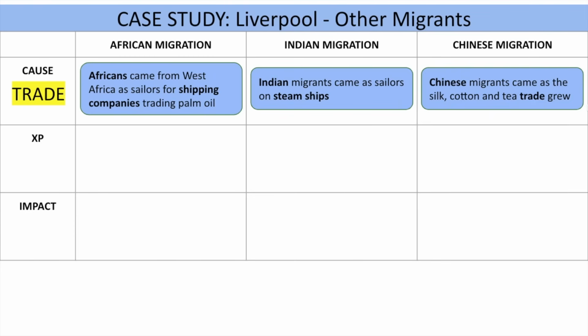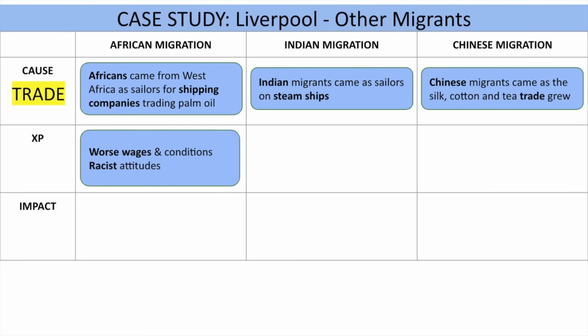In terms of experience, it's pretty similar to the Irish migration in that we do see quite a negative experience for most of them. In terms of African migration, they experience much worse wages and conditions. They have to deal with racist attitudes that were actually getting worse at this time.